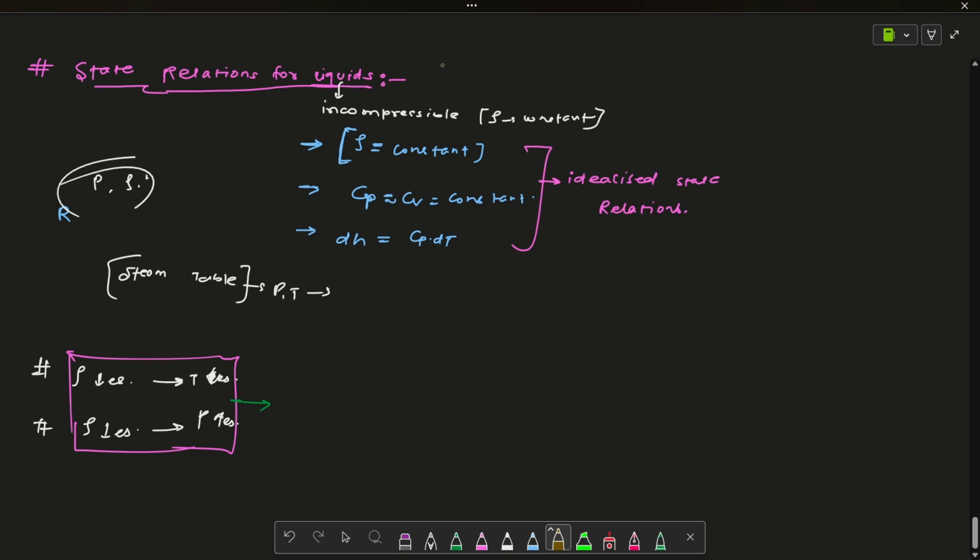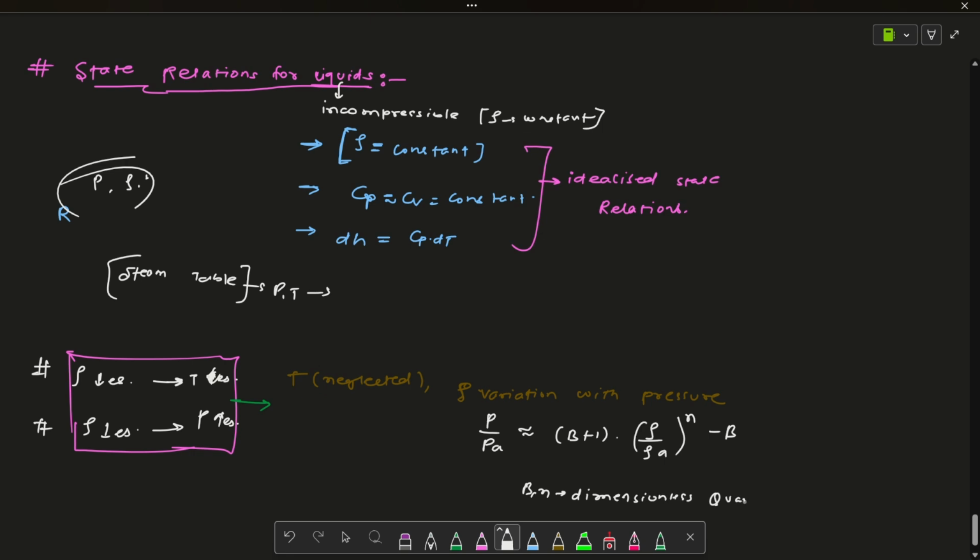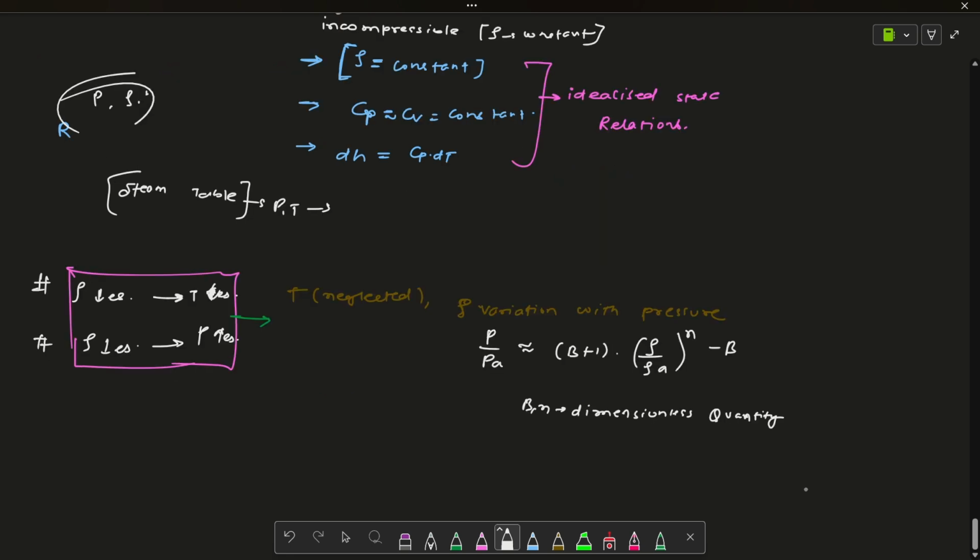Now if temperature is neglected, and you just want to see the density variation with pressure, one relation came up, and that relation is p by pA is approximately equal to (B plus 1) into (rho by rho A) to the power n, minus B. B and n are dimensionless parameters, and these remain almost constant with respect to pressure and temperature.